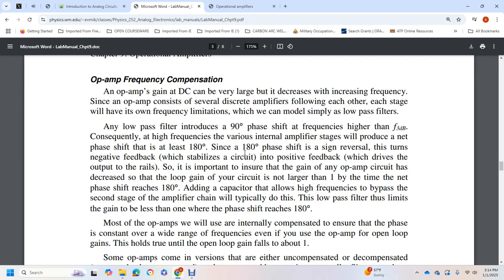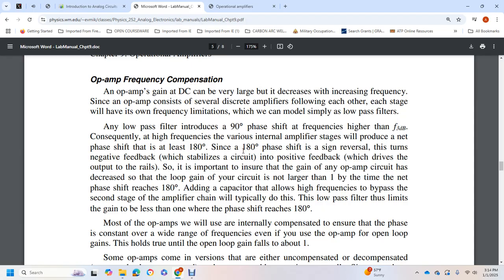Since a 180 degree phase shift is a sign reversal, negative feedback that stabilizes the circuit becomes positive feedback that drives the output to the rail. For the op amp circuits to be stable, the loop gain must fall below one before the net phase shift equals 180 degrees.